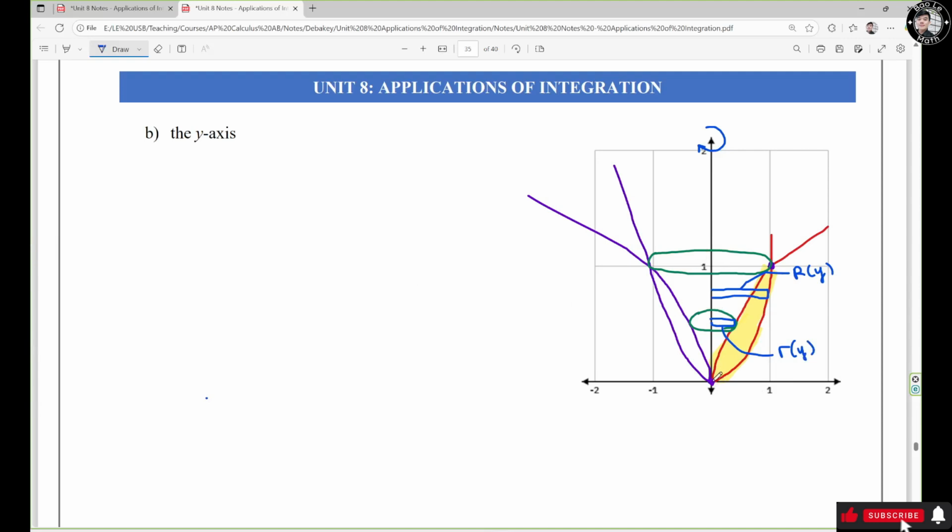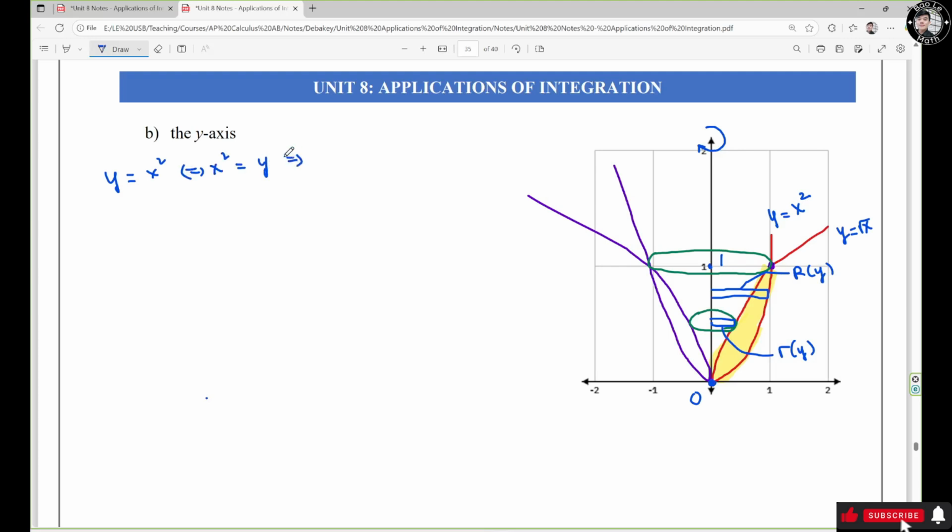Now, you know that the lower bound is 0 and the upper bound is still 1. The outer function is y equals s squared, and the inner function is y equals square root of s. You need to rewrite these in terms of y. So I have y equals s squared, which is the same thing as s squared equals y.